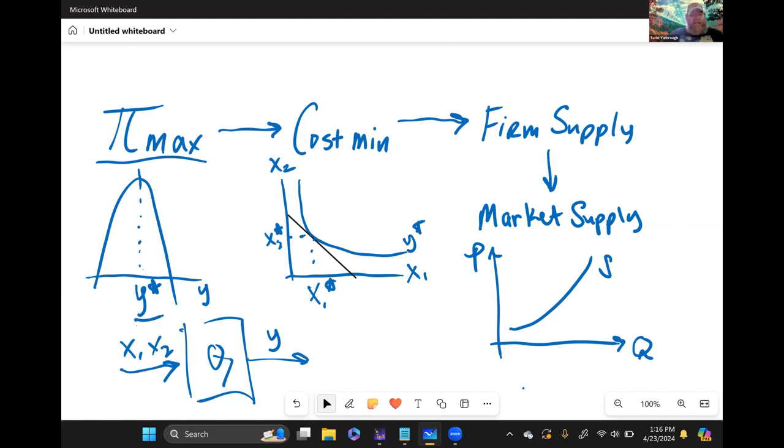And the idea is that the firm's production function, which we can write down simply as Y is some function of X1, X2, and we can get specific with it, where it could be something like X1 to the alpha, X2 to the beta.